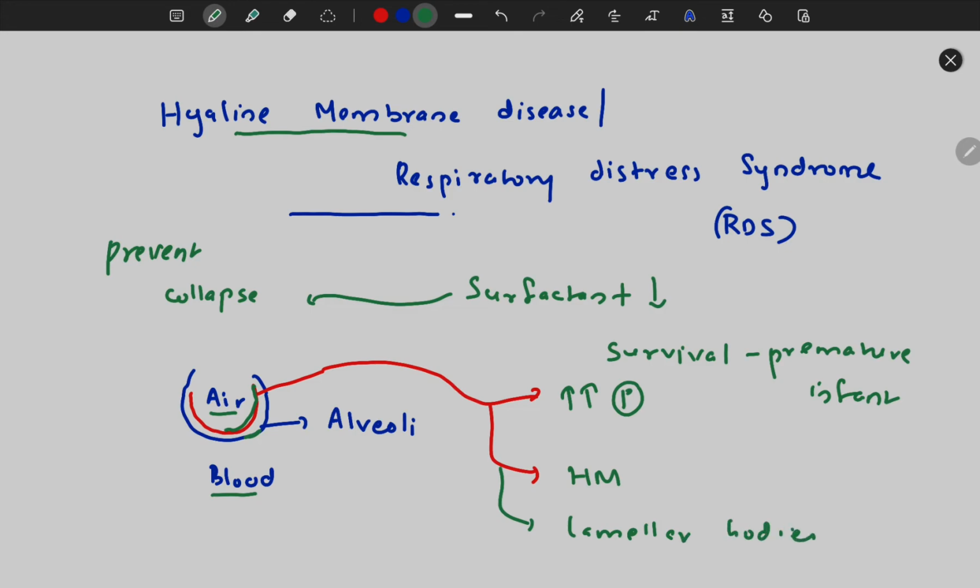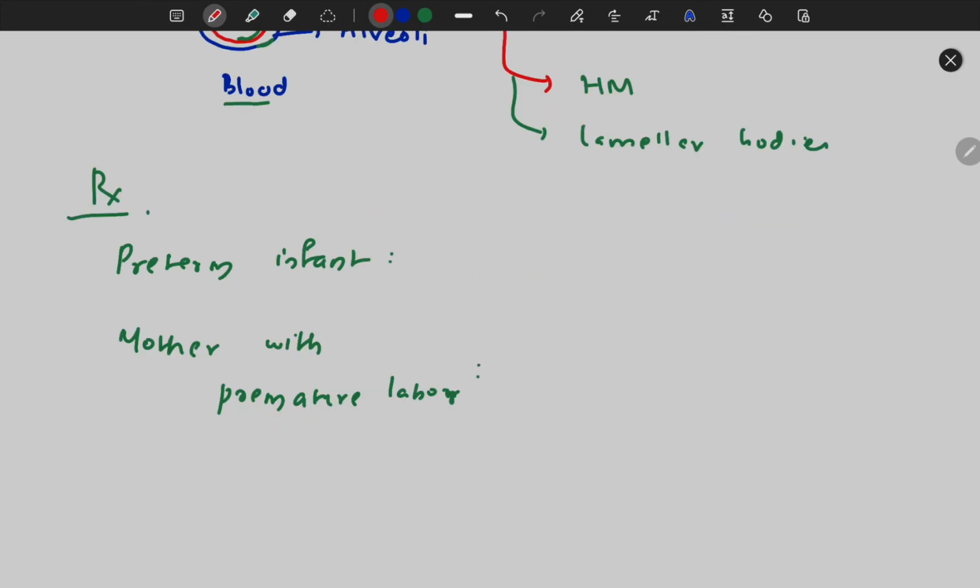Lamellar bodies. So this is probably derived from the surfactant layer. That's why it is called hyaline membrane disease. The treatment for respiratory distress syndrome in preterm babies is to give artificial surfactant.